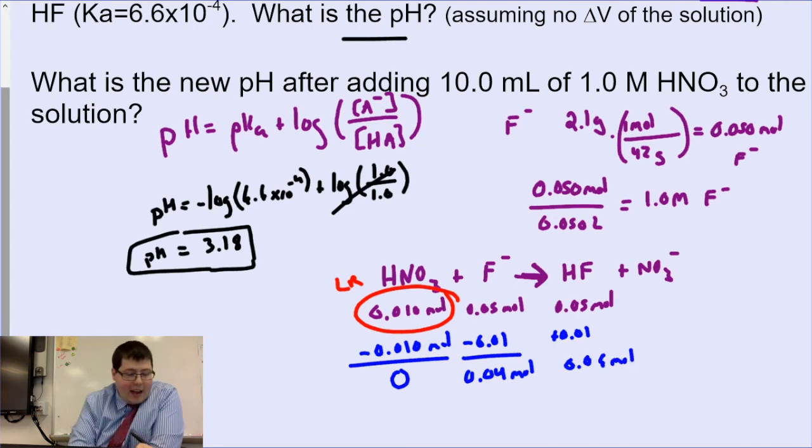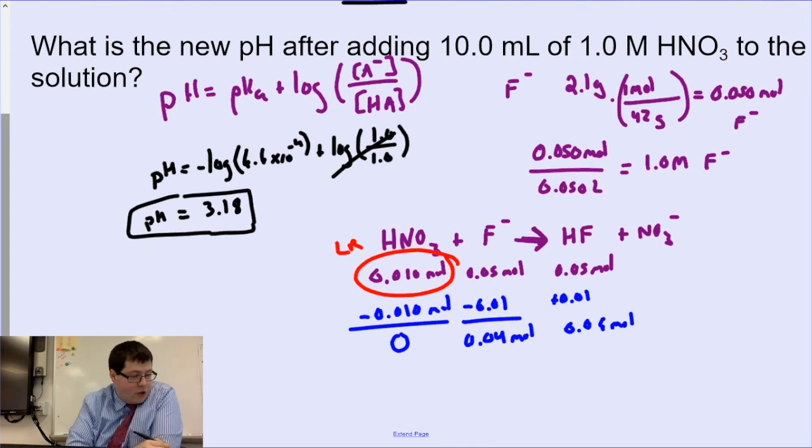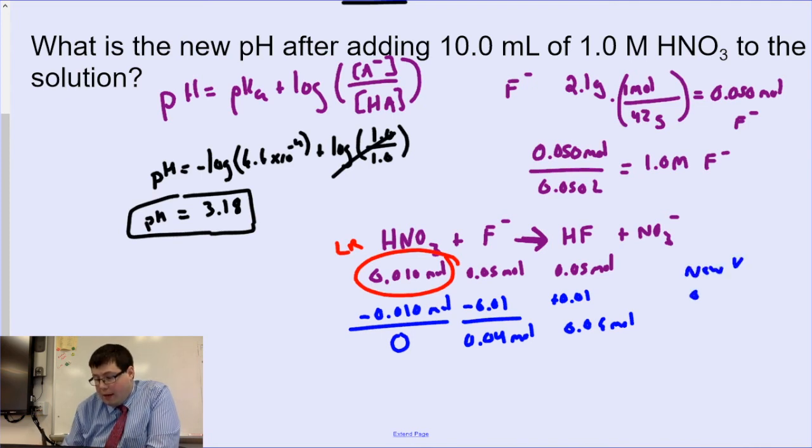Finally here, I need to calculate the new concentrations of both my acid and my base. So the one thing I've got to be careful of is that I started with 50 mils of solution, but I added 10 mils here. So my new volume is going to be 0.06 liters.